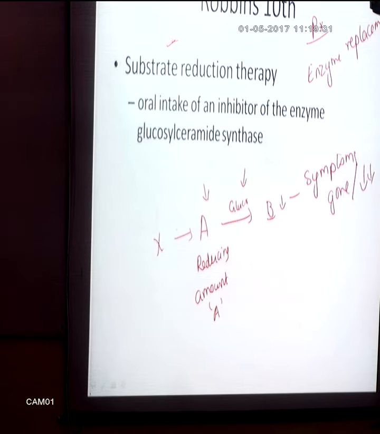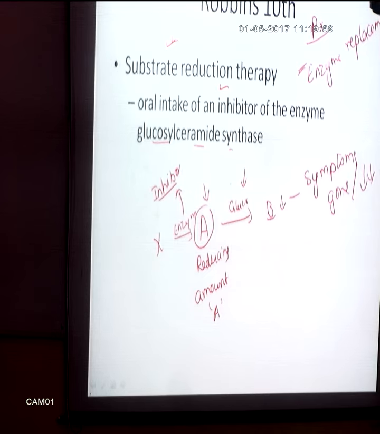So what I do is, I have an inhibitor of this enzyme, glycosylceramide synthase. Okay, this is glycosylceramide. I have an inhibitor of this enzyme. There must be a question arising, what is the use of it? I already have a good treatment option. Why should I unnecessarily poke my nose?